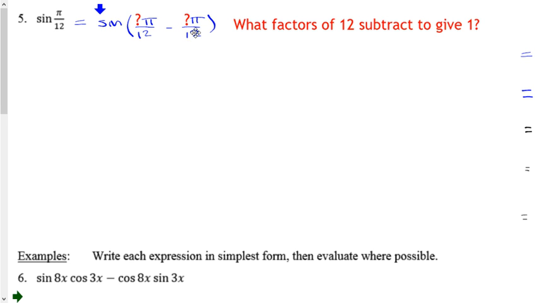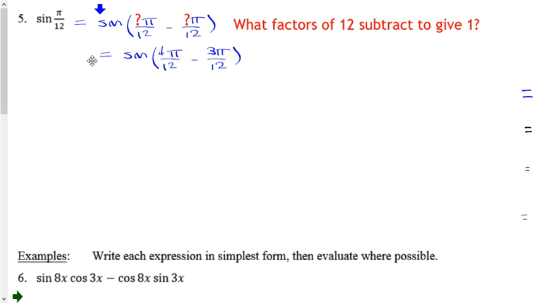But I want it to be reducible because all of the special angles either have a 1, a 2, a 3, a 4, or a 6 in the denominator. Those are all factors of 12. So I'm going to look at what factors of 12 subtract to give me 1.